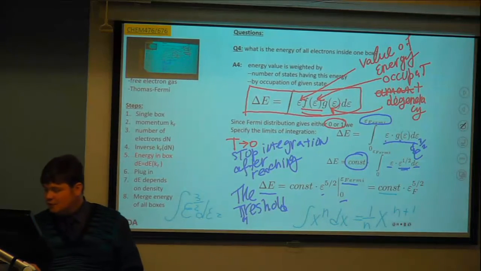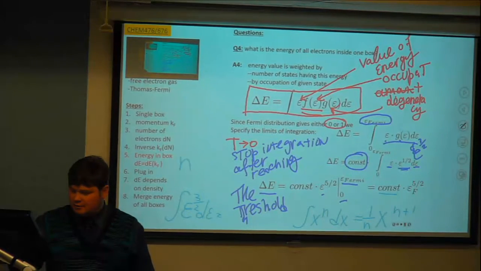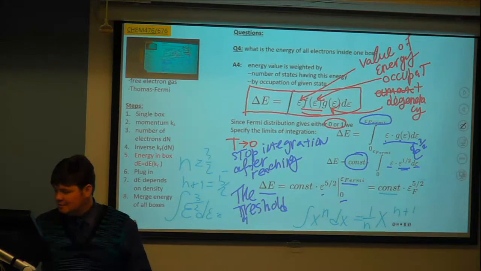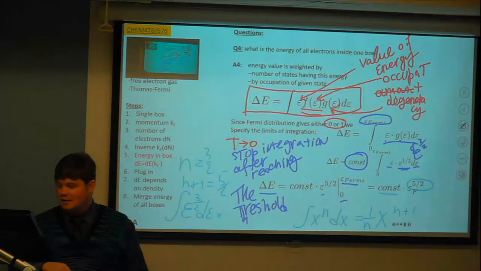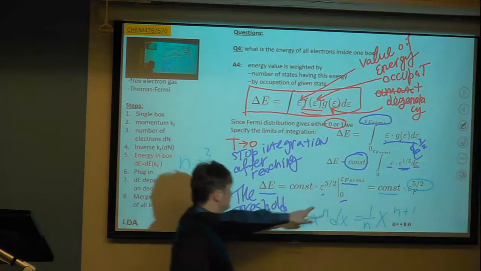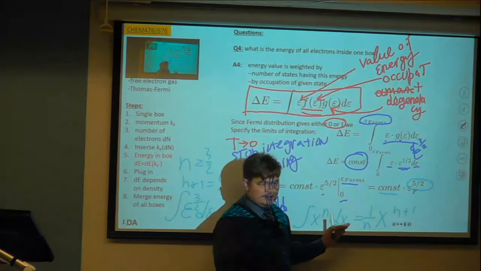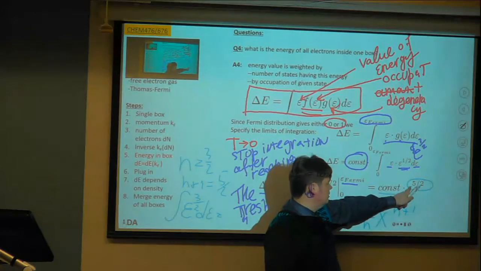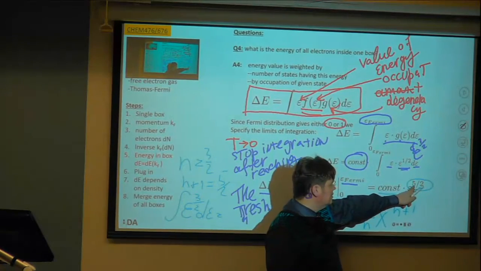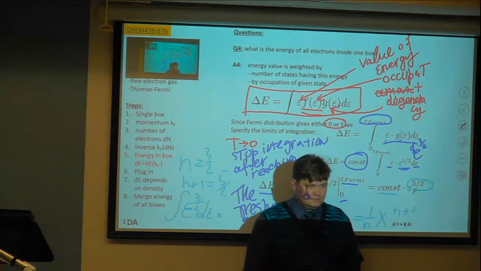So if n equals 3/2, then n plus 1 equals 5/2. Yes. This here, right? And you evaluate it on the limits from 0 to Fermi energy. At 0 it is 0, at Fermi energy it is Fermi energy to the power of 5/2.